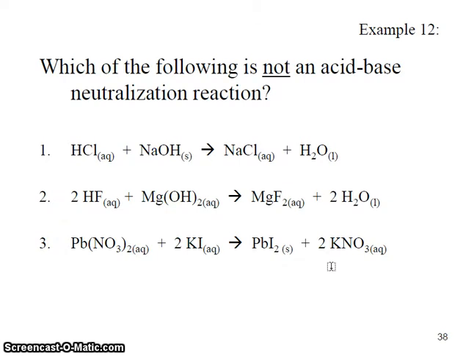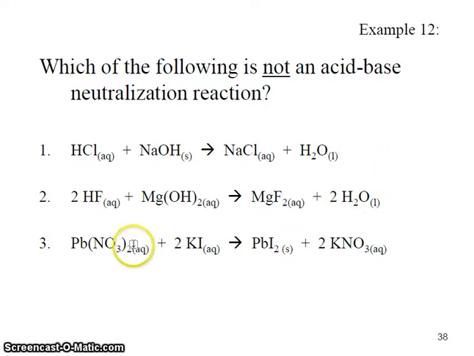The question here is, which of the following is not an acid-base neutralization reaction? So recall from our discussion a couple minutes ago that in case of an acid-base neutralization reaction, you're seeking reaction of an acid with a base to give you salt and water. So anywhere where you're getting a salt and water, those will be acid-base neutralization reactions.